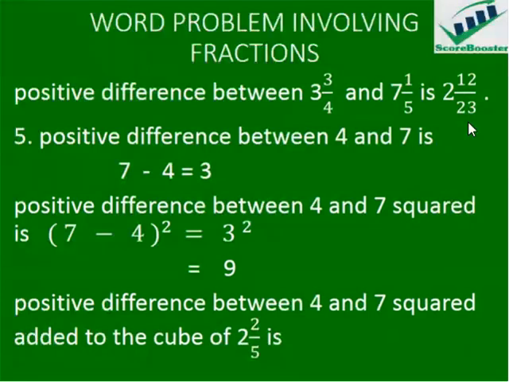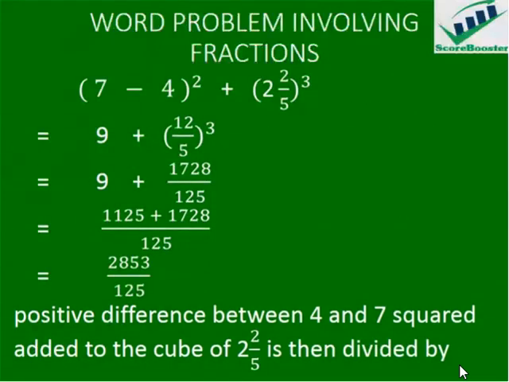After squaring the result, we add it to the cube of 2 whole number 2 over 5. I told you what cube of a number is. Then we divide our result by the positive difference between 3 whole number 3 over 5 and the product of 6 and 2.